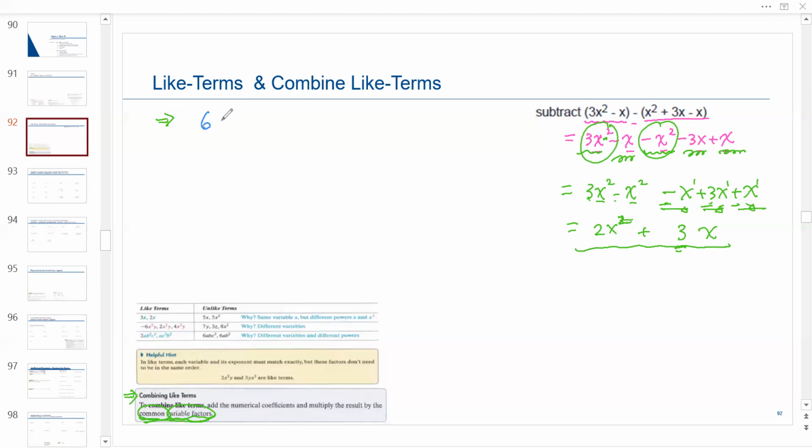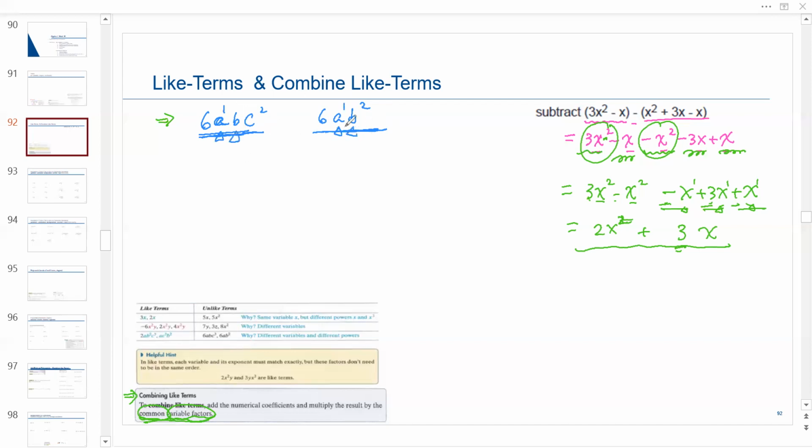So 6abc squared and 6ab squared. Firstly, my question is, are these two like terms or not? Not like terms, right? Why? Firstly, you can see the variable a is 1, here also 1.